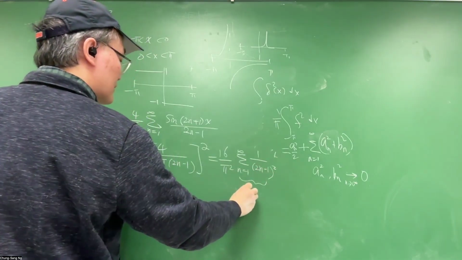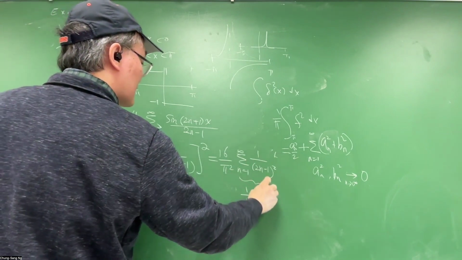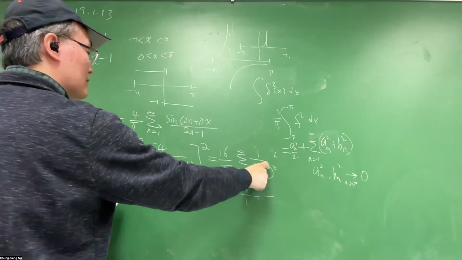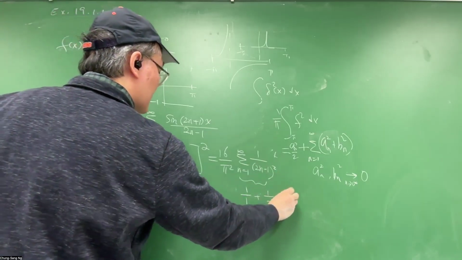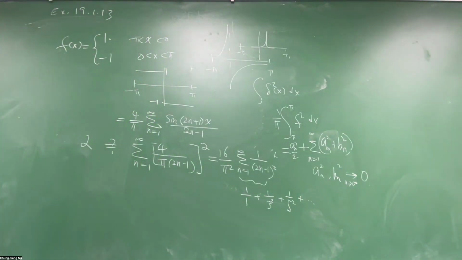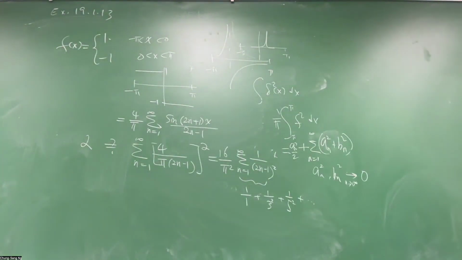So this part is 1 plus the next one is 1 over 3 square, and so on, right? And that you probably need to look it up. I mean, chapter 12 has some series of this type that are already listed, in the same section that I just talked about.